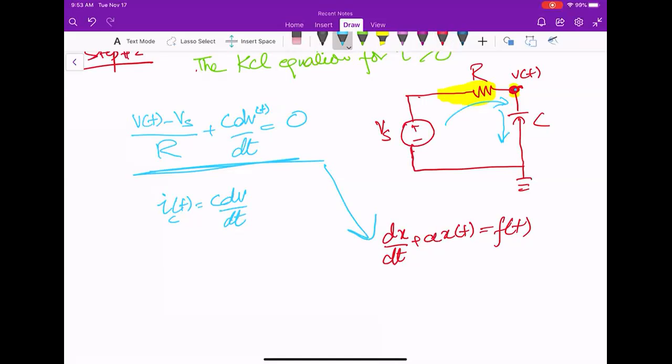So if I am writing about this node, I will start from here. That's why I said V of t minus Vs over R. You are saying the current direction is this, right? If the current direction is opposite, it will automatically come out negative or positive. But right now, because I am considering this node, I will consider it as the central point.